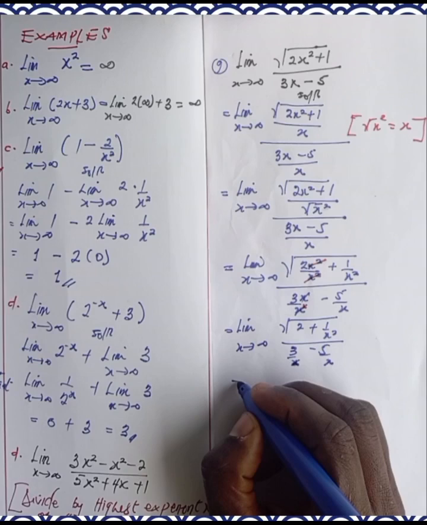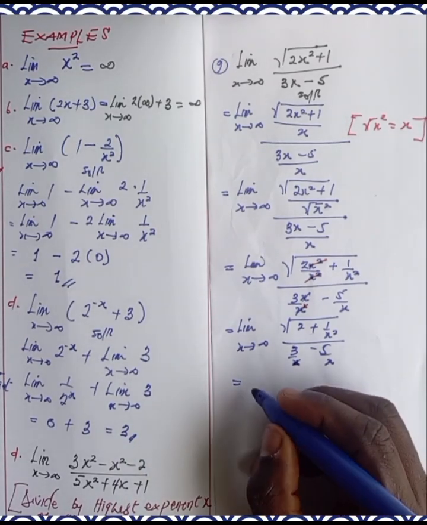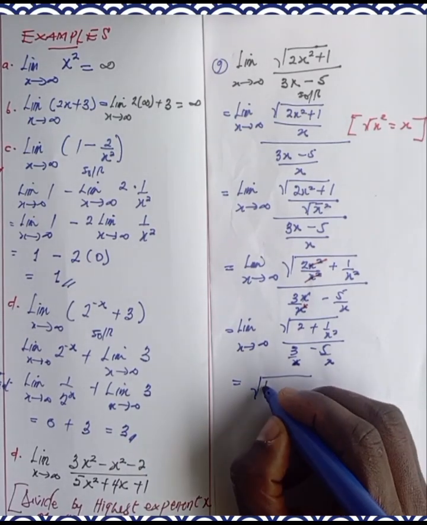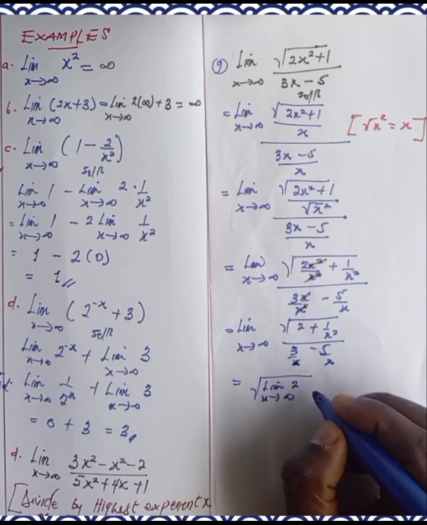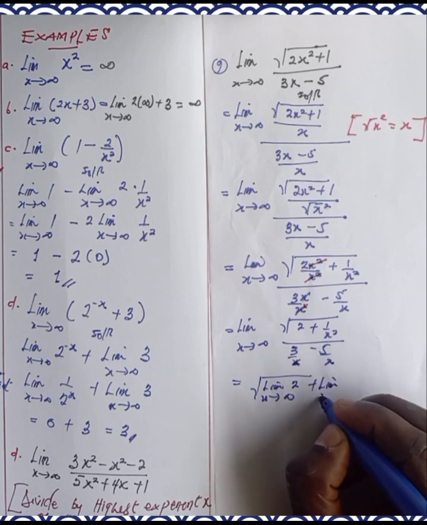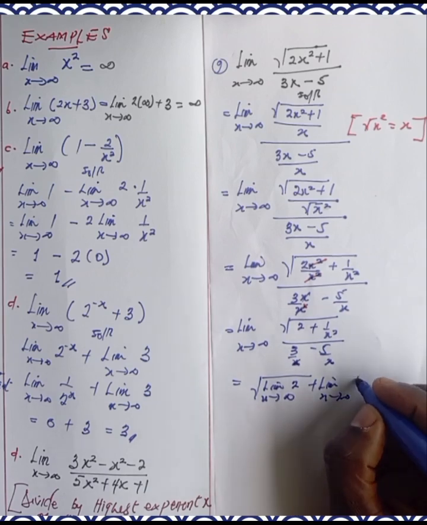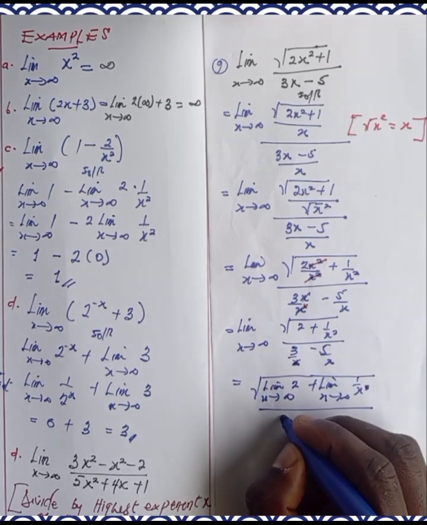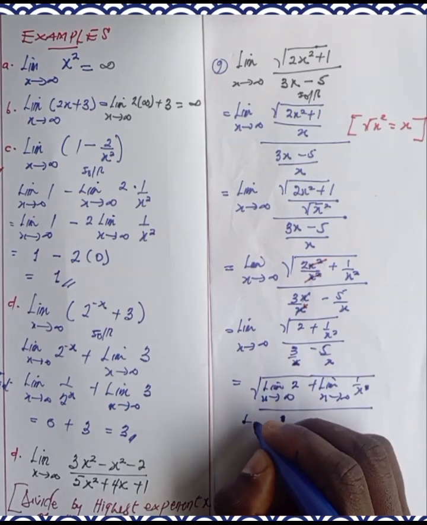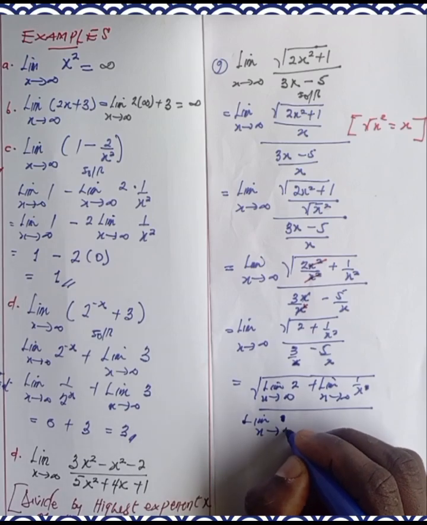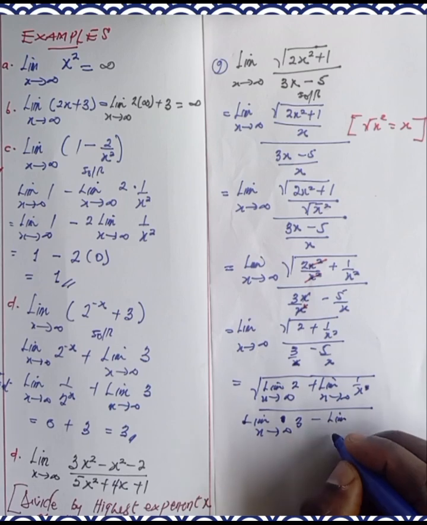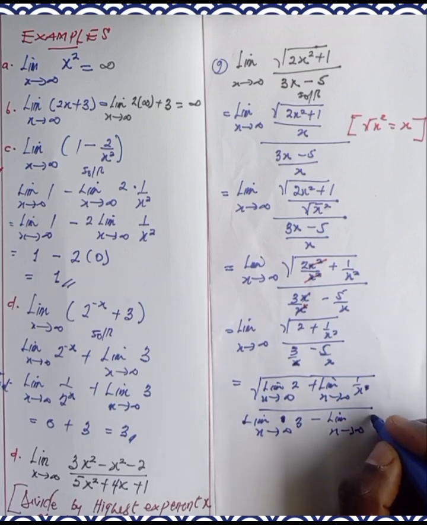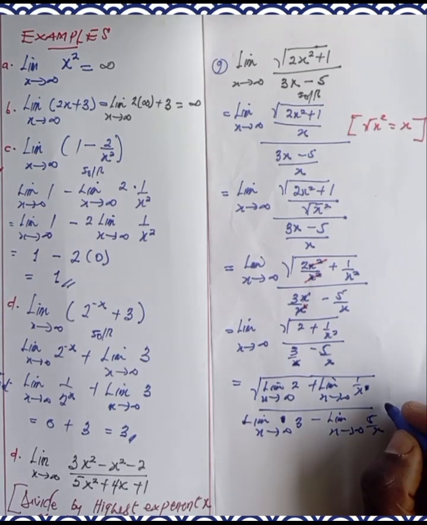So from here, applying the properties of the limit, we are going to get big root, the limit as x approaches infinity of 2 plus the limit as x approaches infinity of 1 over x squared, all over the limit as x approaches infinity of 3 minus the limit as x approaches infinity of 5 over x.